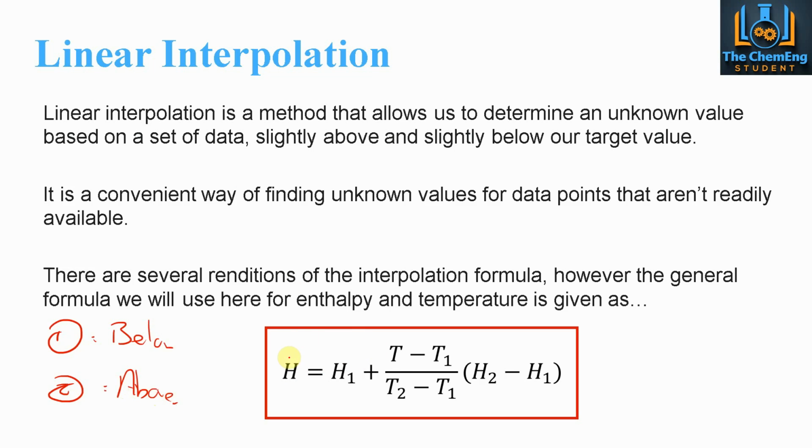So for the target enthalpy, what we are saying here is we take the lower enthalpy plus the ratio between our change in temperatures, so that's the actual temperature that we are operating at for this enthalpy, minus the lower temperature, divided by the upper temperature minus the lower. Then we multiply this by the change between the upper and lower enthalpies. And that there would give us the enthalpy of our target temperature.